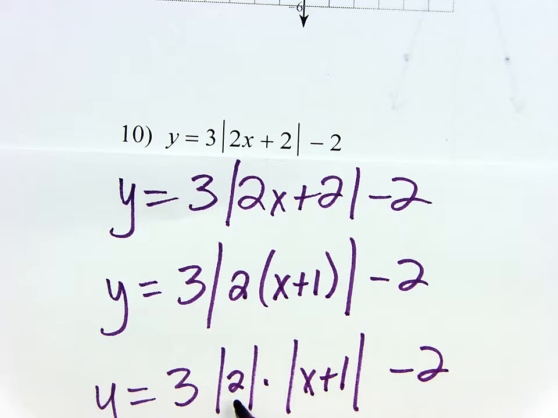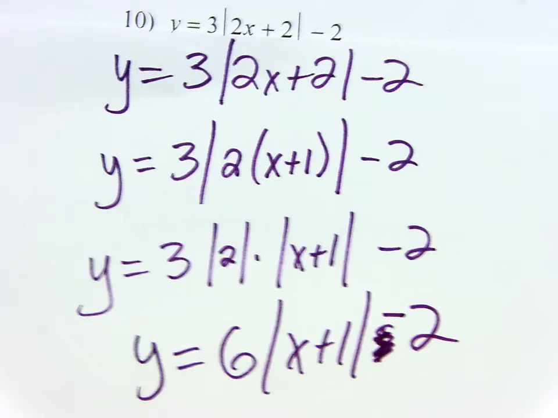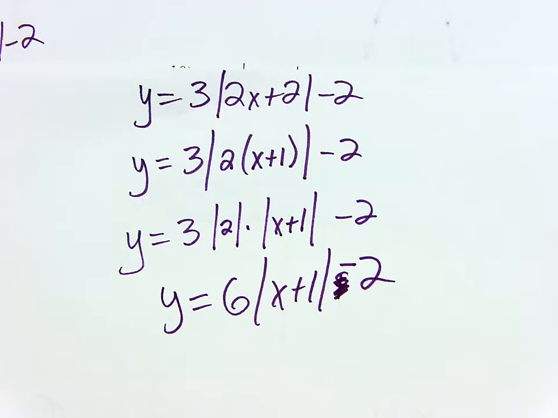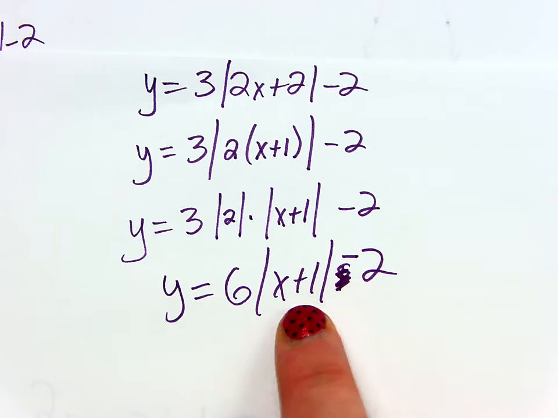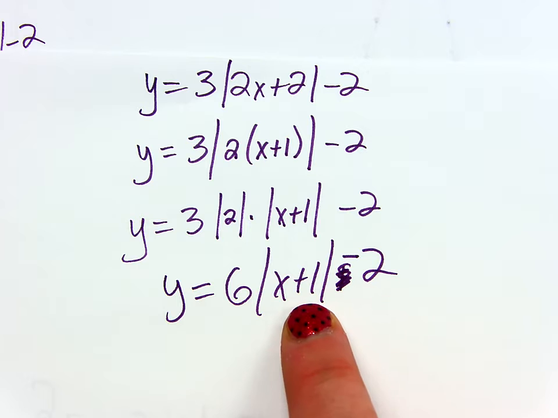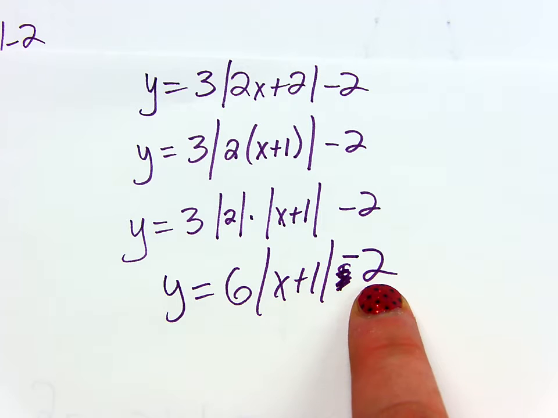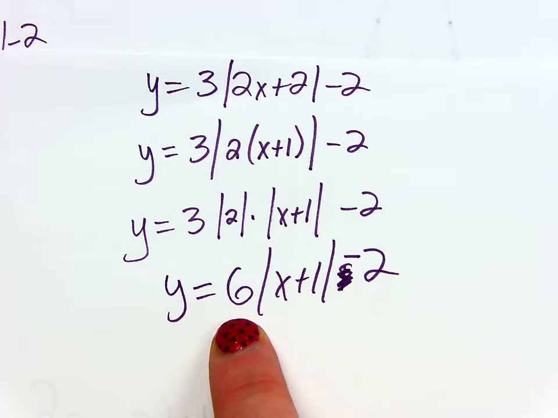And now the absolute value of 2 is 2, times 3. Look at this. Oops, that's supposed to be a minus. Isn't that the form that we know how to graph? Yes. So you have your vertex at -1, -2. And then the slope of the right-hand branch is just a 6.